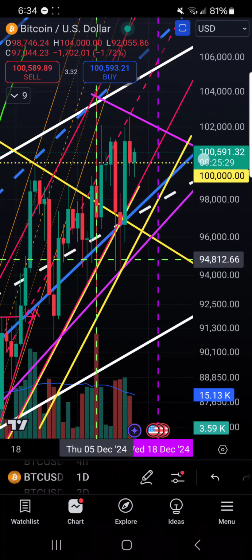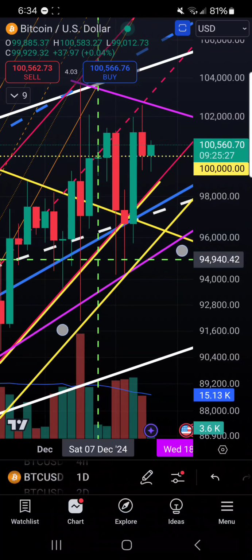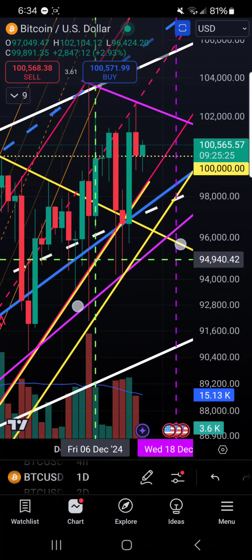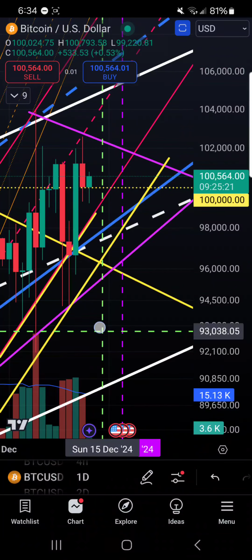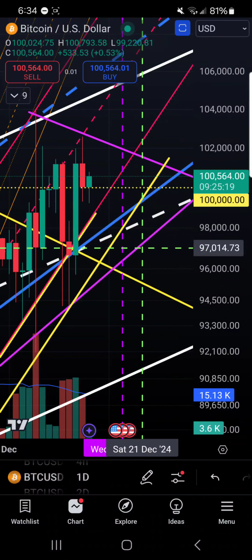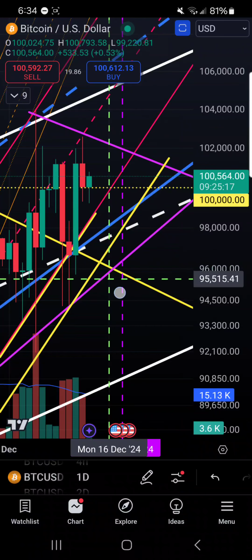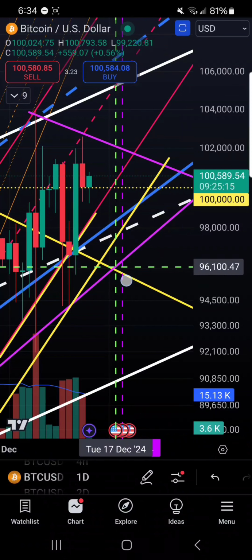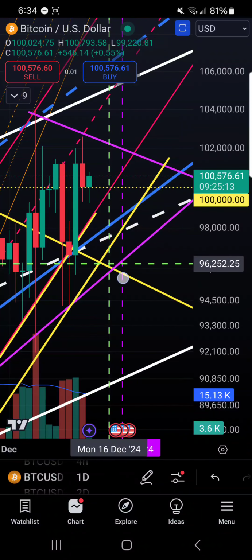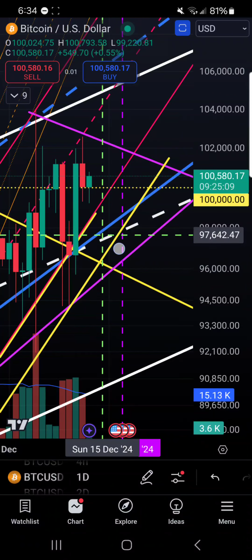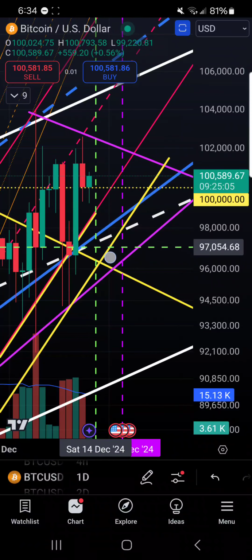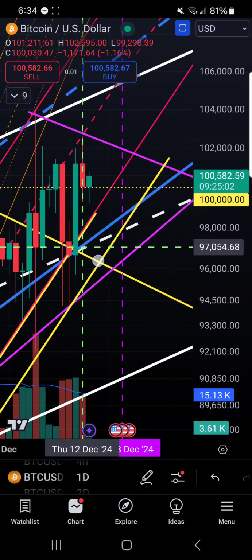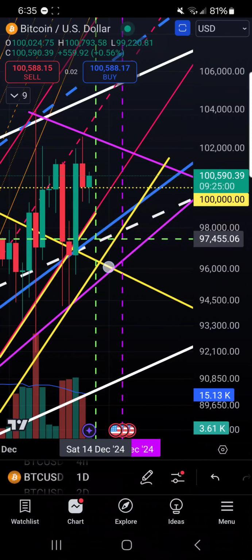Which just made something clear to me. If we did come all the way down, well, I guess we could wick down here, but we would close, more than likely heading into the FOMC meeting, above the center line here.